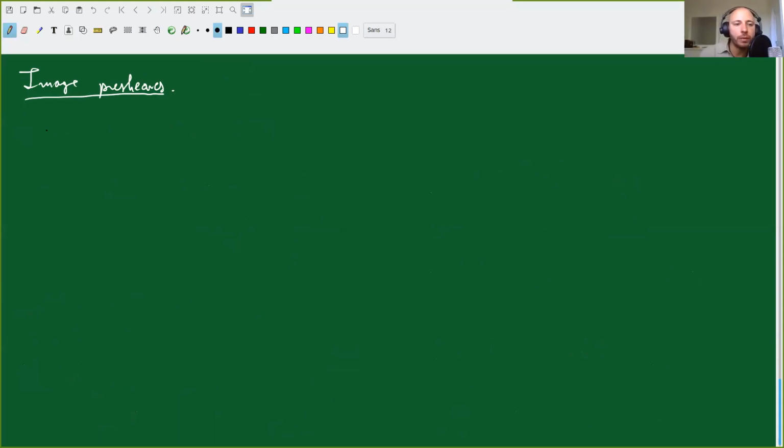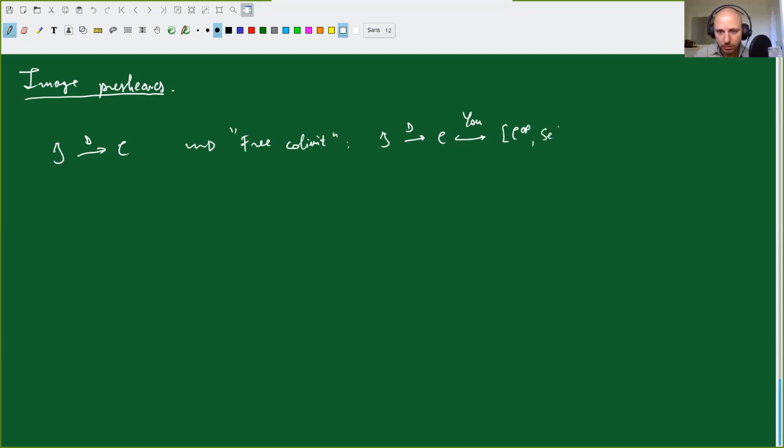So what I want to do is the following. I take a diagram, and I want to take its free colimit, which, as you know, is a presheaf. So the idea is that we take D to C, we have the unit embedding, and we want to take the colimit of this.